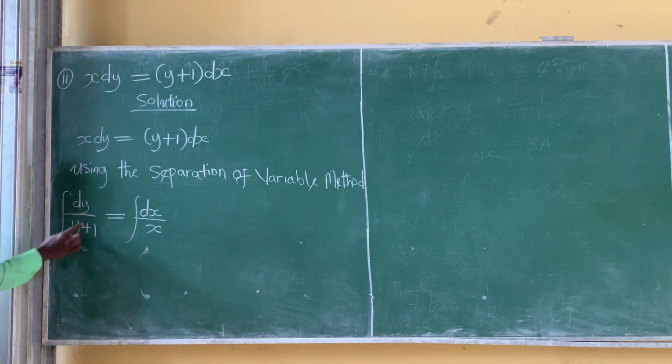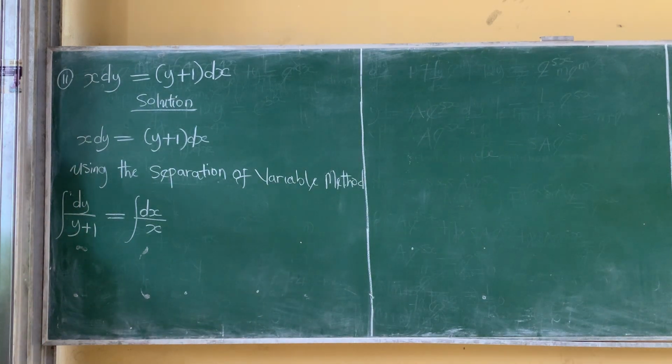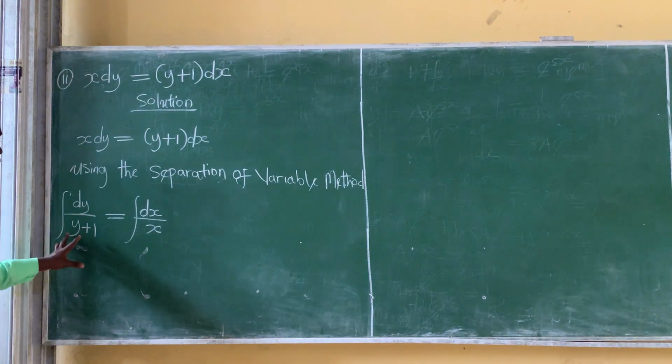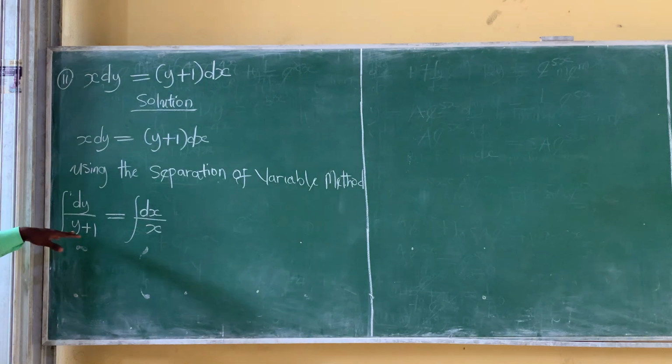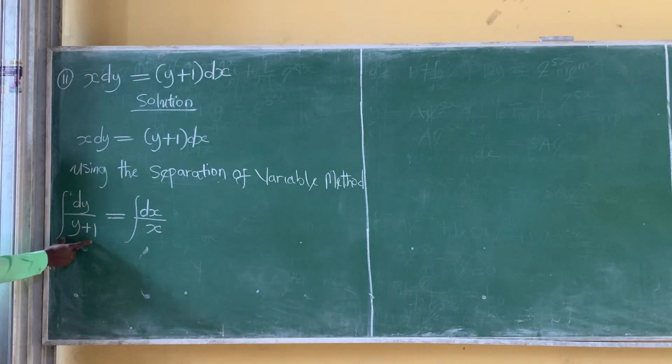Now if you integrate 1 over y plus 1, you are going to have the natural log of y plus 1. If you want to know how, you can comment below, and I'm going to give the link of that video to see how we can integrate this given function.